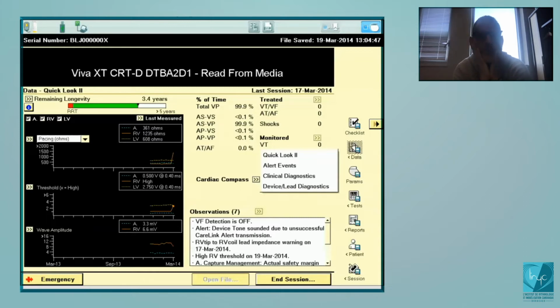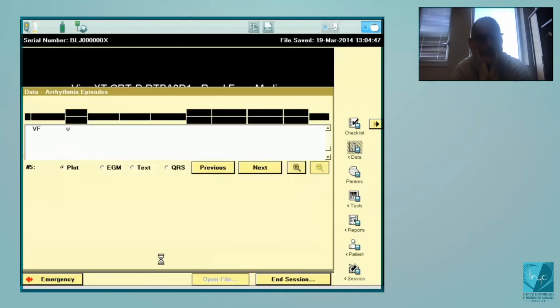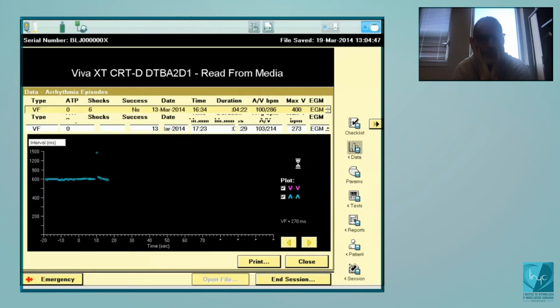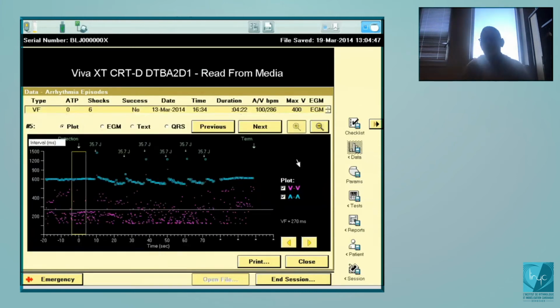Okay, so if you have a look at the tracing, what do you think about this? Very disorganized intervals in the VF zone and also in these slow zones. So this looks like lead failure.